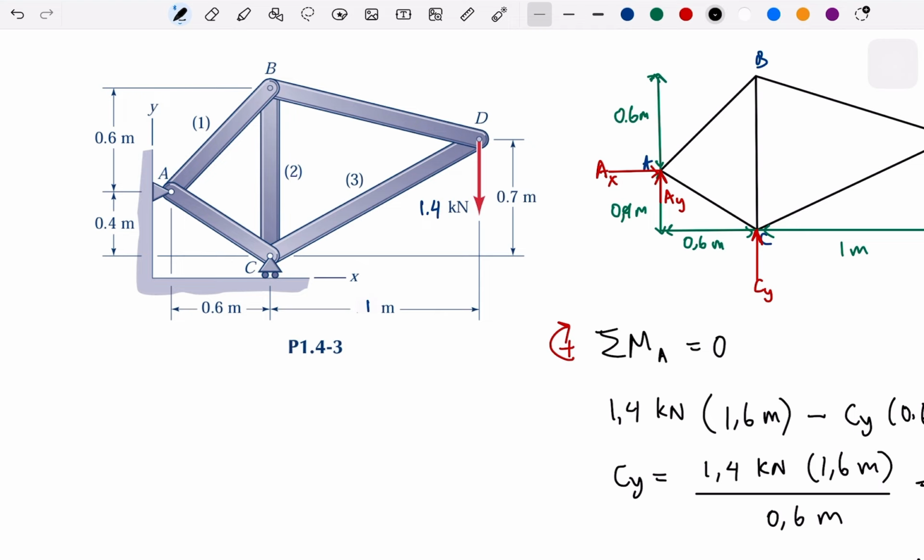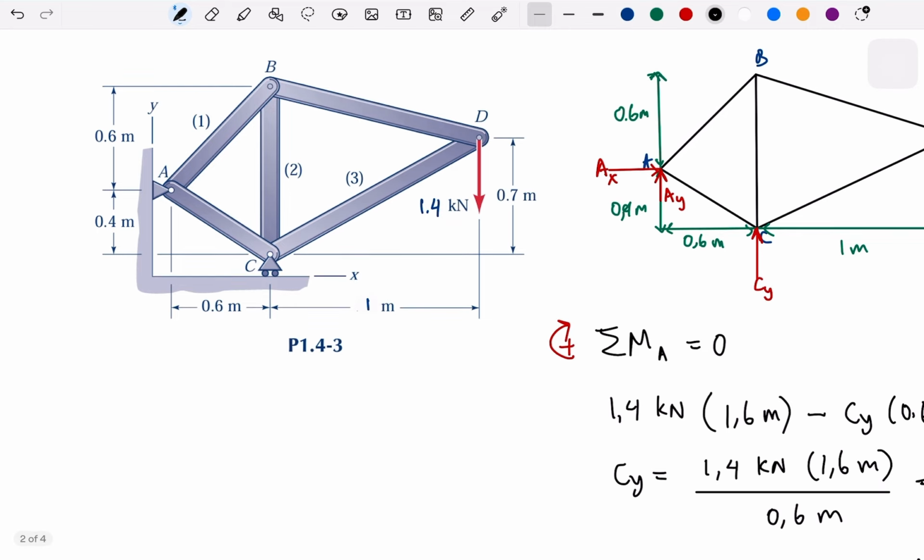So let's do that. So we can take that as our bar. Okay, so this will be A, C, and then this will be F1.